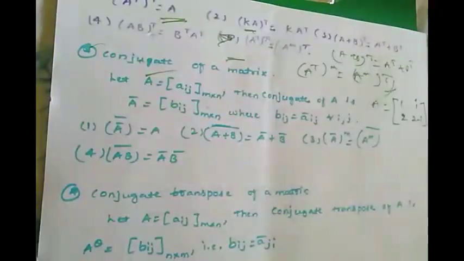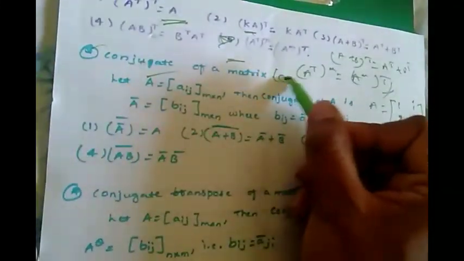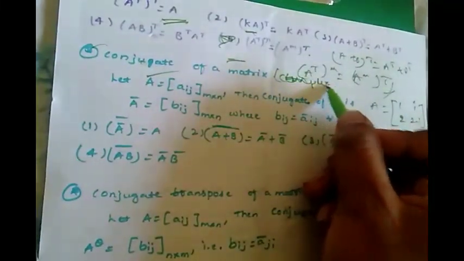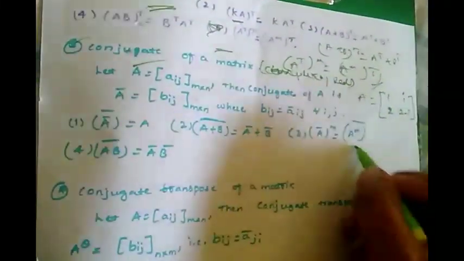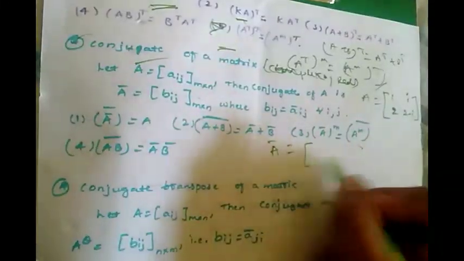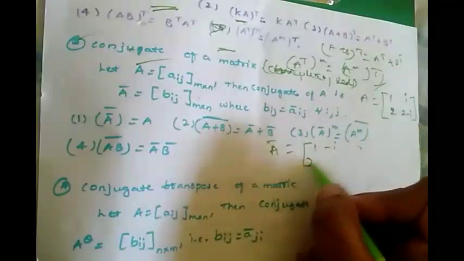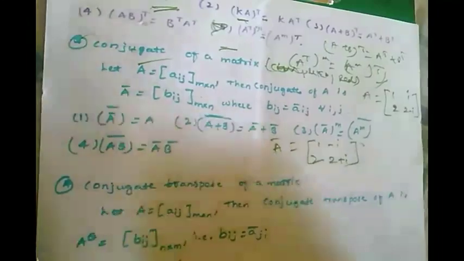In the conjugate matrix, the complex elements are replaced by their conjugates. Suppose I consider this example, then the conjugate of this matrix has 1, and in iota we take minus iota, and 2, and 2 minus iota is written as 2 plus iota. Okay, this is the conjugate of this matrix.